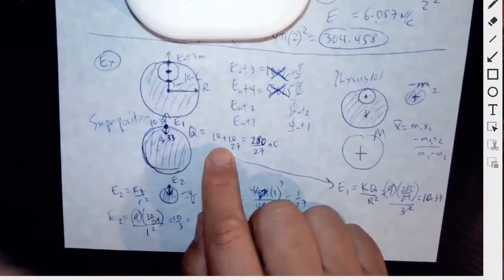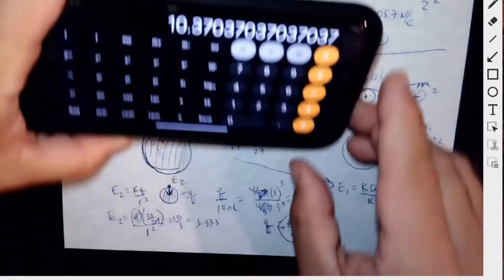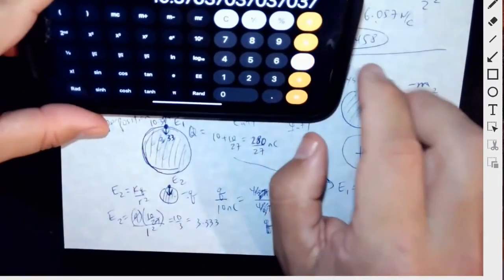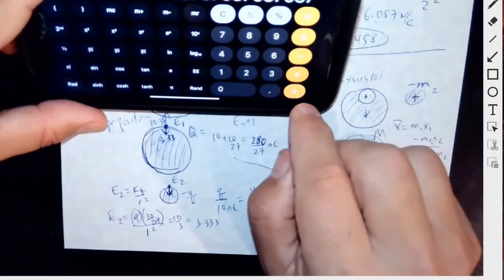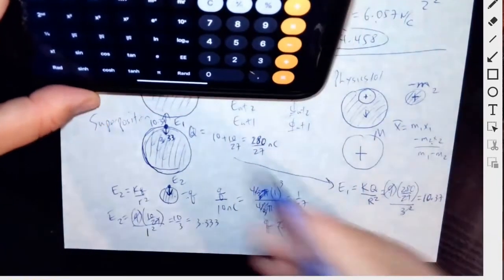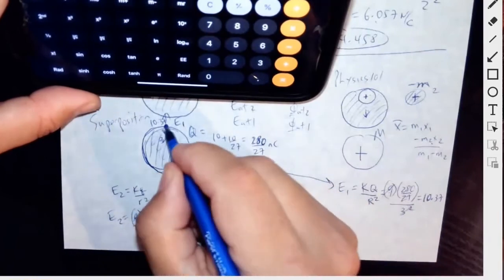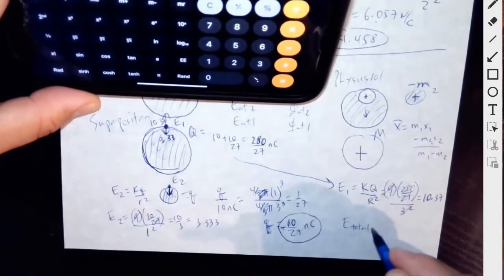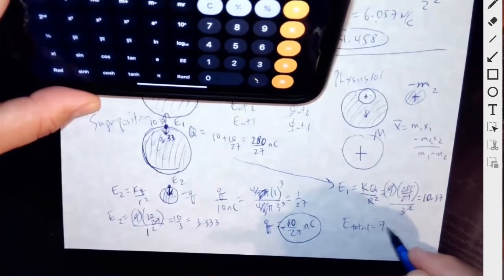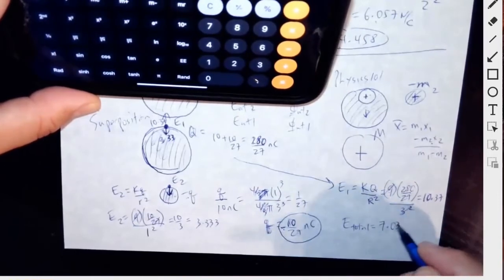So the electrical field is 10.37 minus 3.333, which is 7.037. Okay, so E total is 7.037.